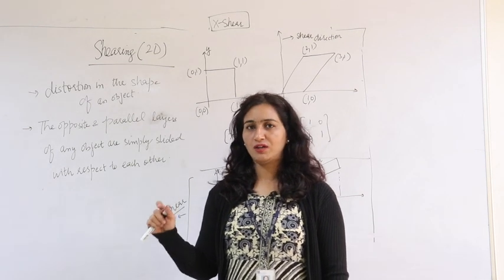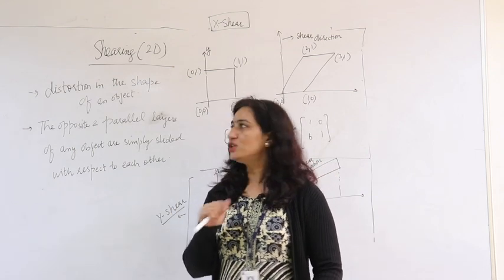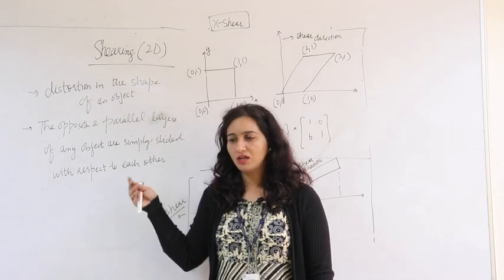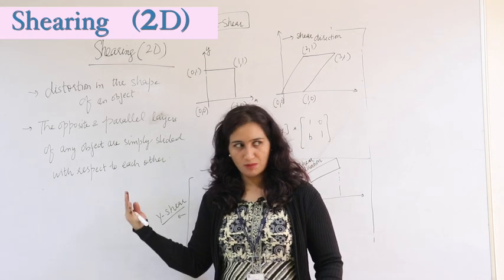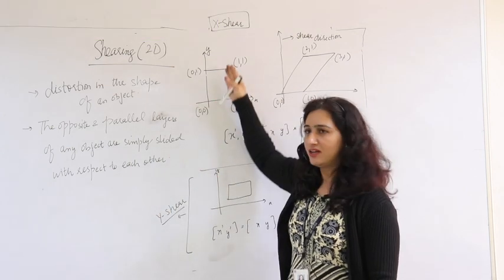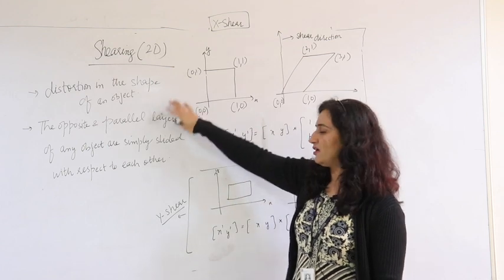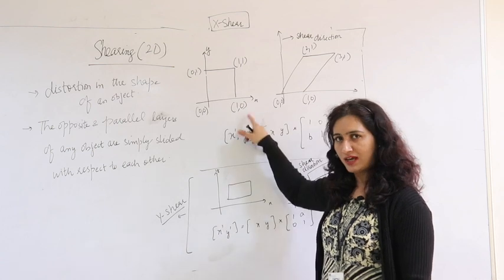In scaling, we change the size of an object, but in shearing there is distortion in the shape of an object. What do you mean by distortion? Distortion means changing the shape of an object in terms of the x-axis or in terms of the y-axis. We will discuss what x shearing and y shearing are with the help of diagrams.